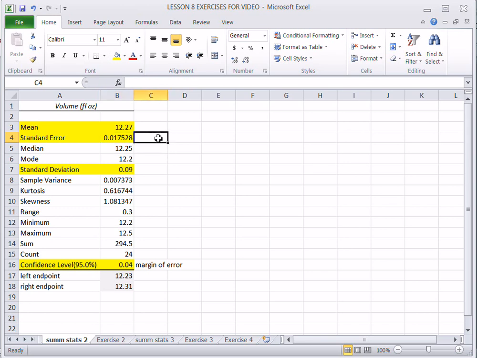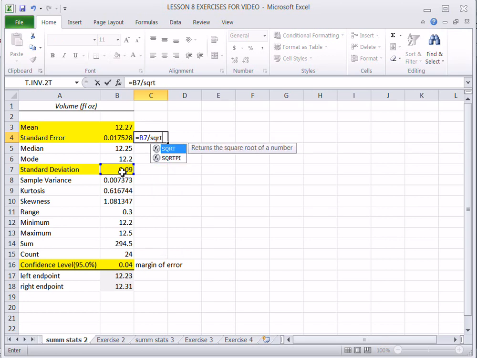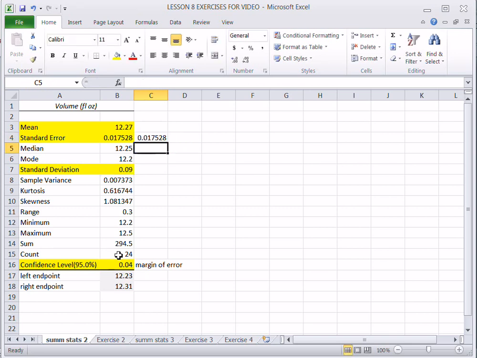And it is found by taking the standard deviation and dividing that by the square root of the sample size. All right, so remember, smaller sample sizes, more variation. Bigger sample sizes, less variation, right? And so here's that standard error. It's smaller than the standard deviation based on how large the sample size is.